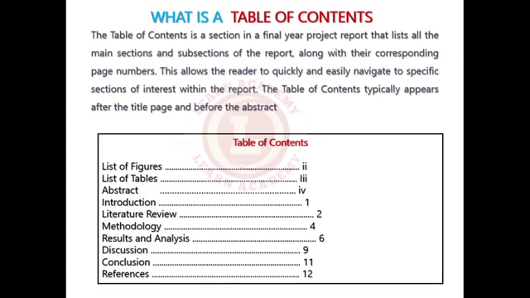So this is a sample template of how a table of contents is laid out. You could have the list of figures, list of tables, then you have their corresponding page numbers. You have the abstract page number, the introduction, then the page number, the literature review, the page number, and you lay out all the different sections of the report with their corresponding page numbers.